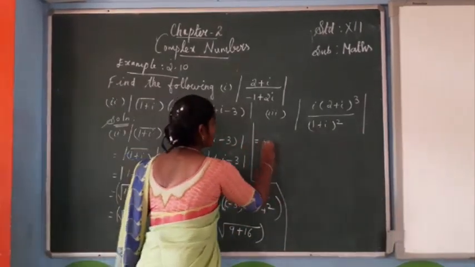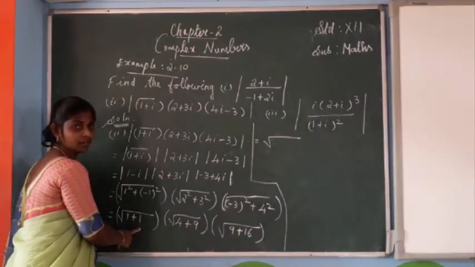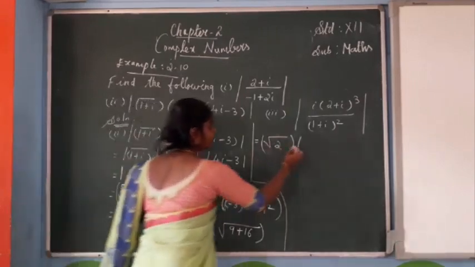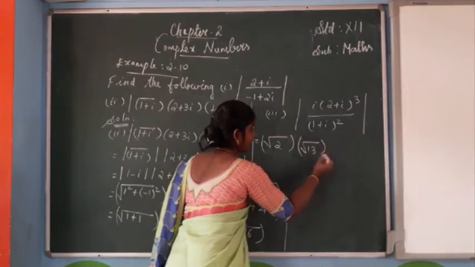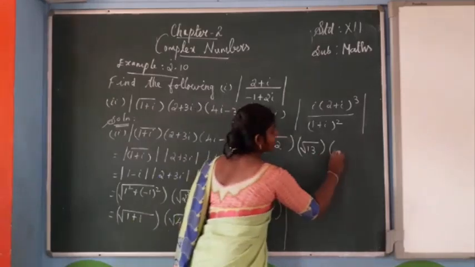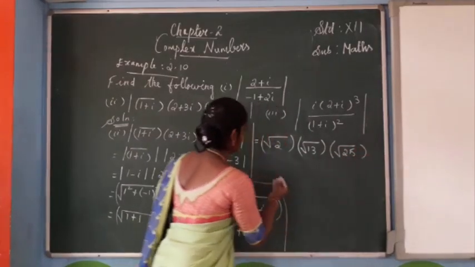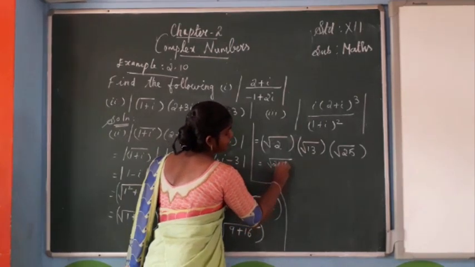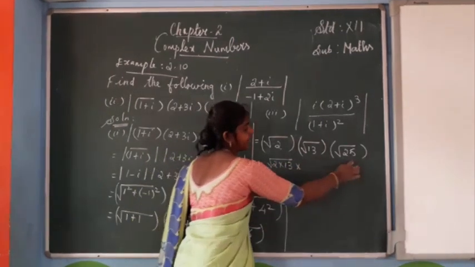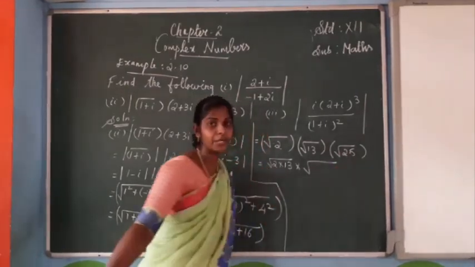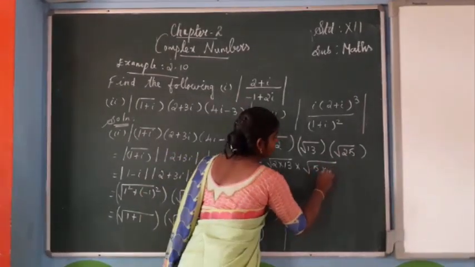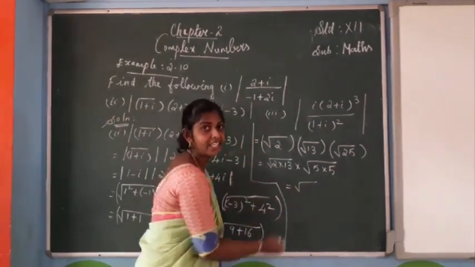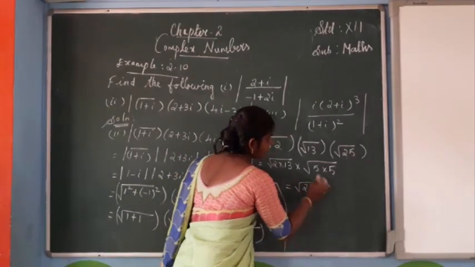That's equal to root of 1 plus 1, value 2, into root of 13 into root of 25. So root of 2 into 13 into root 25, which is 5, into 5. That's root of 2 into 13, that is 26, into 5.